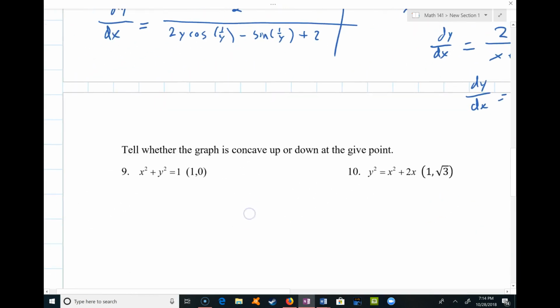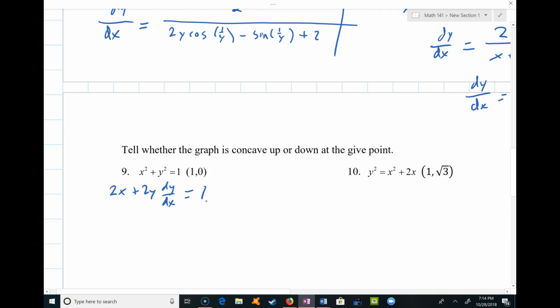Okay, so number 9. Now it says tell whether the graph is concave up or down at the given point. Remember, concavity comes from the second derivative, so we're going to have to take a second derivative and then plug in the point (1, 0). So the first derivative: I take the derivative of both sides, and I get 2x plus 2y dy/dx equals 1.